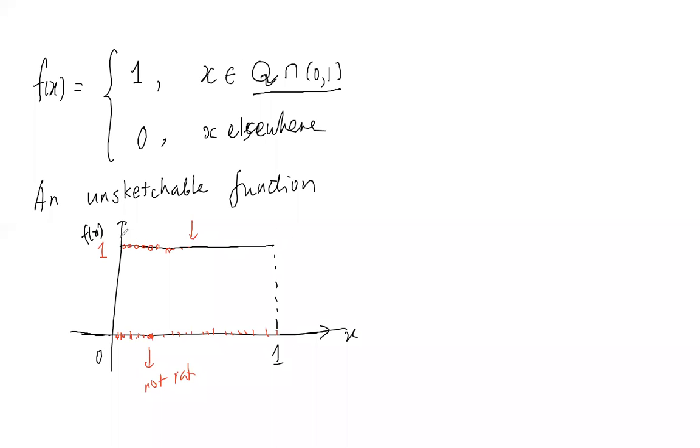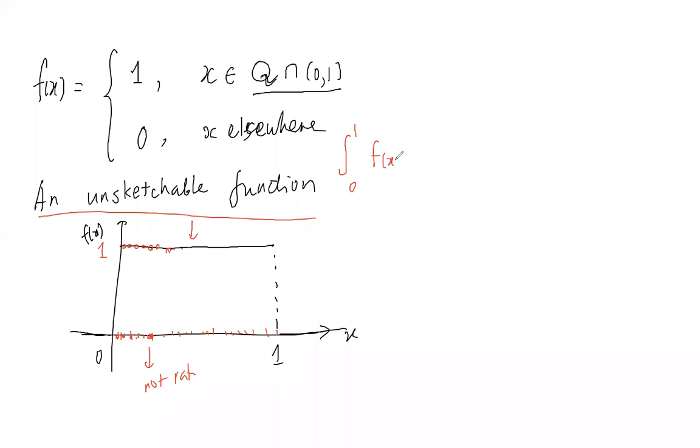There's a line here, but it's full of holes. That's why we say that this is an unsketchable function, because you are digging out infinitely many points, and there's no way you can actually sketch infinitely many points, right?